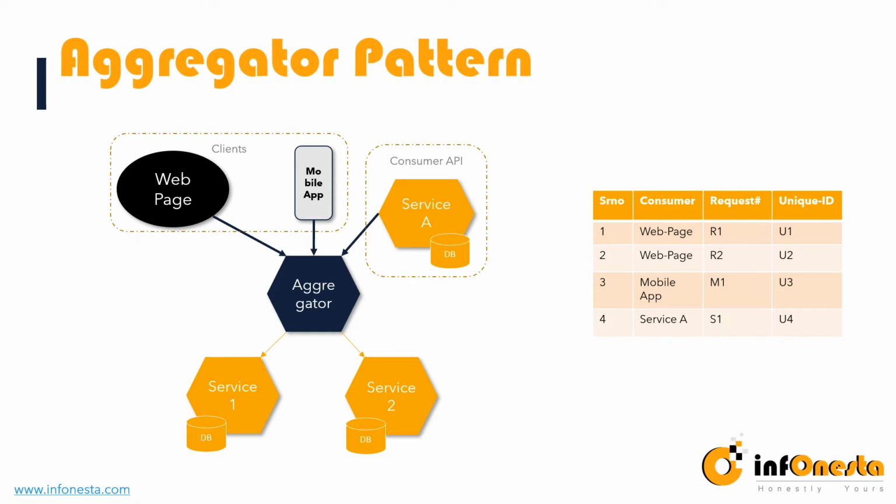For example, aggregator receives a request from a web page. So it creates a unique ID as shown in this table. This helps and enables parallel processing, as now aggregator does not have to wait to finish the processing of the request R1. And aggregator can receive multiple requests at the same time.